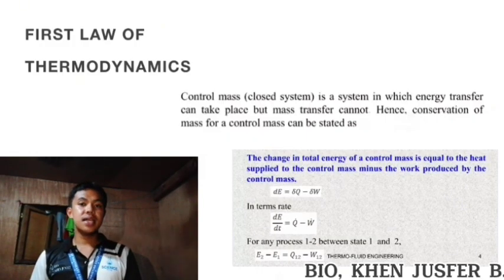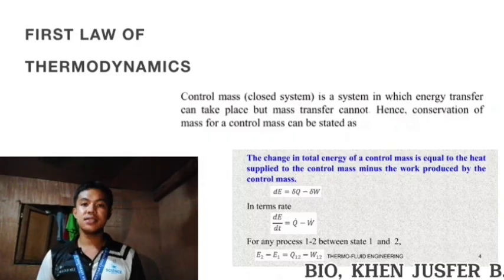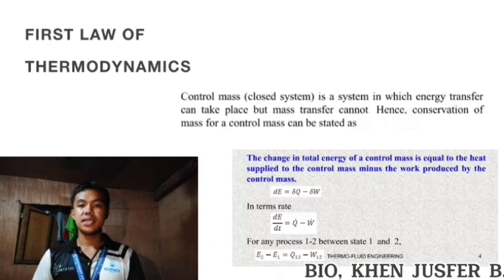The change in total energy of a control mass is equal to the heat supplied to the control mass minus the work produced by the control mass: dE equals delta Q minus delta W. In terms of rate, dE/dt equals Q minus W. For any process between state 1 and 2, E2 minus E1 equals Q12 minus W12.